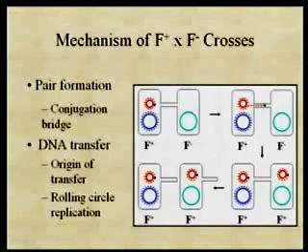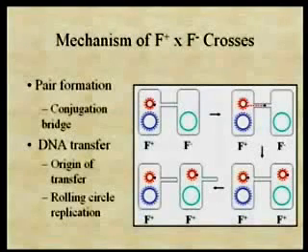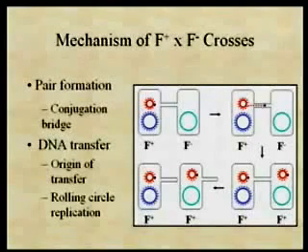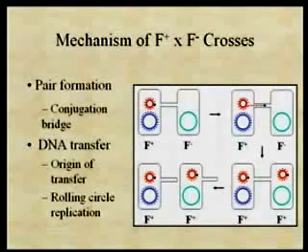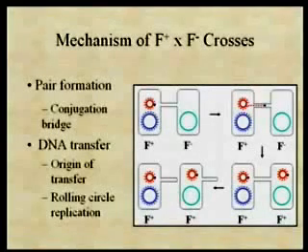The other explanation as to why you do see some transfer in these types of situations is that the transfer may not, in fact, be mediated by the F plus strain, but it may be mediated by HFR strains. Because remember, F can integrate into the chromosome. So if you have a large population of F plus cells, there may be somewhere in that population one cell in which the F factor has, in fact, integrated into the chromosome.